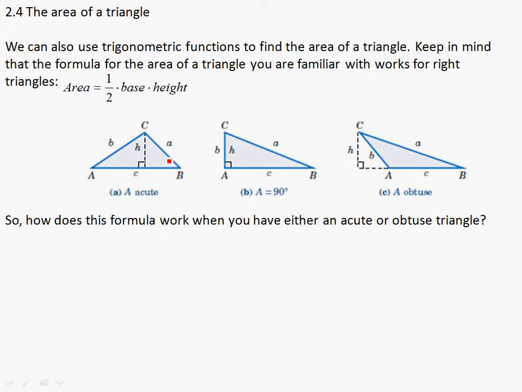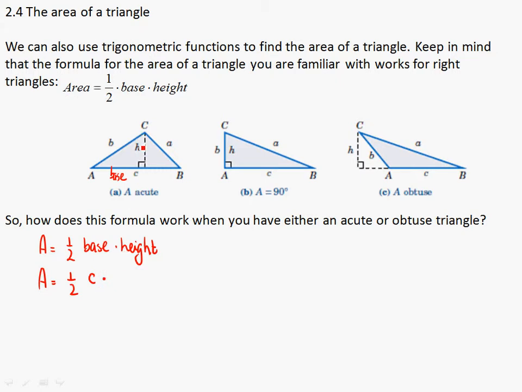Well, if we call this the base, then we can still use the formula. We can still say the area is going to be a half times the base times the height. What you end up with then is a half, and the letter for the base here is C. And what's the height?